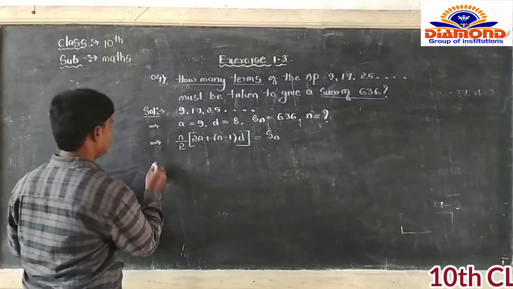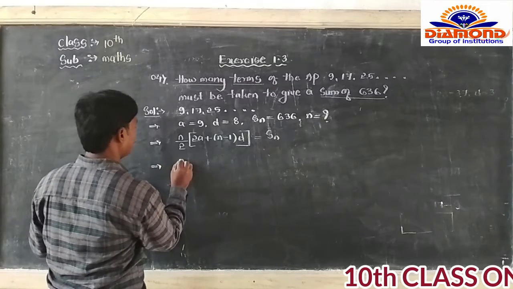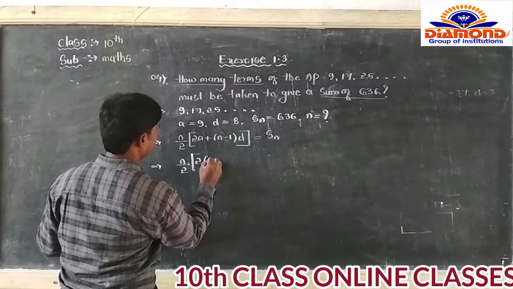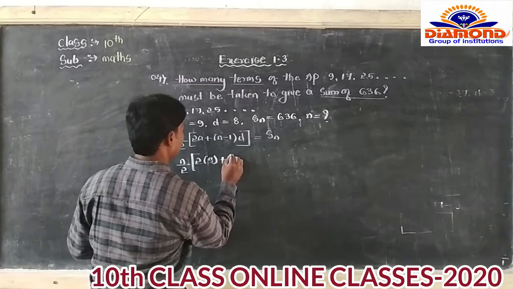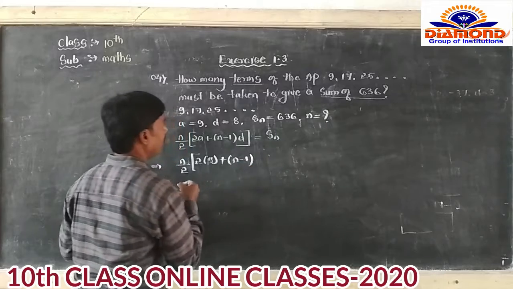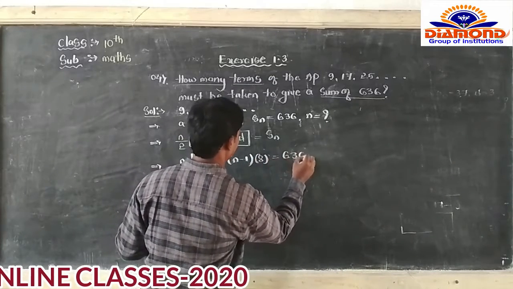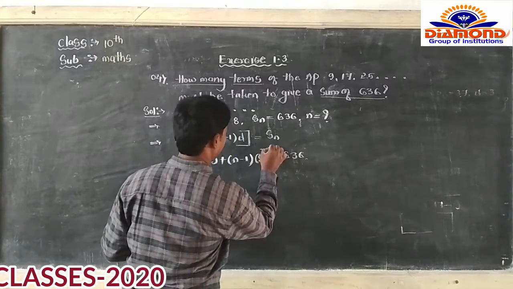Next, dear students, we are finding n, so n upon 2 is there, a value is 9, plus (n minus 1) with common difference 8, equal to Sn, which is 636. Bracket close.